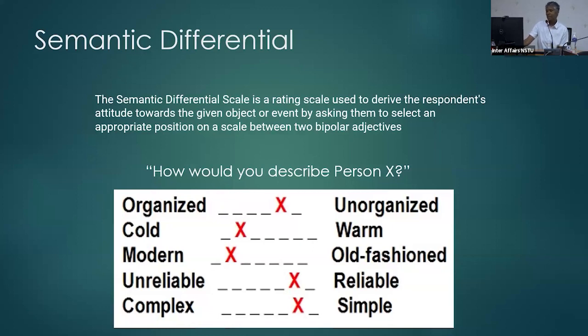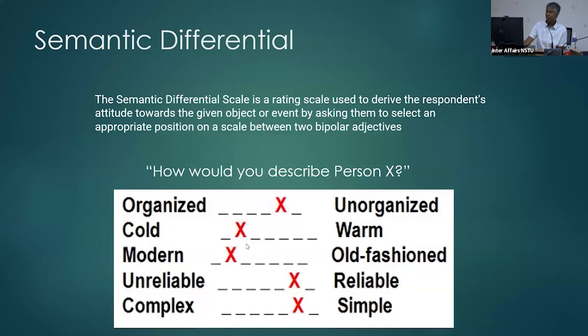So, for example, thinking about Dr. Matthews, would you say that Dr. Matthews is organized or very unorganized? Cold or warm? Modern or old-fashioned? Reliable, unreliable, or complex or simple?